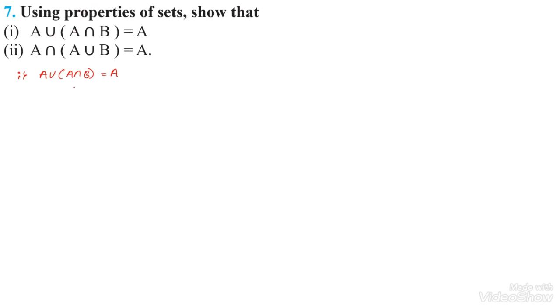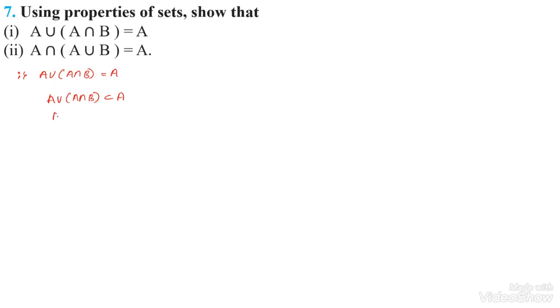A union (A intersection B) is a subset of A. While proving the equation, first you have to consider subsets.